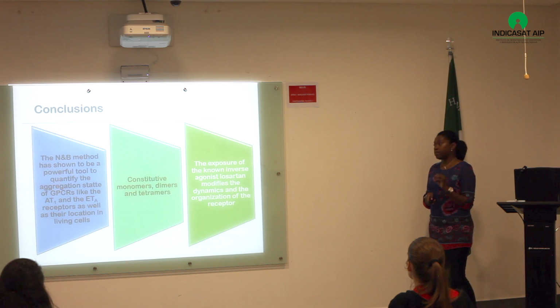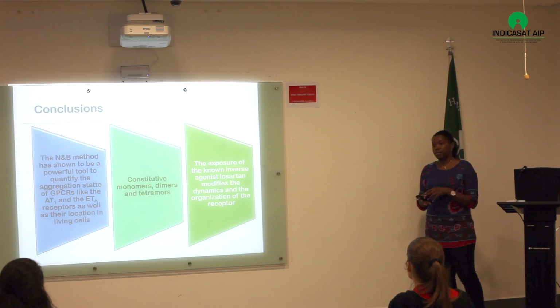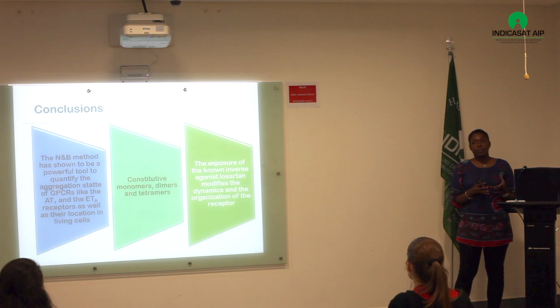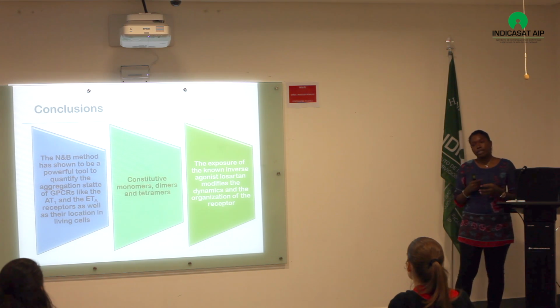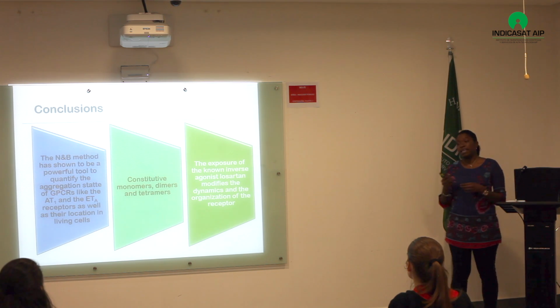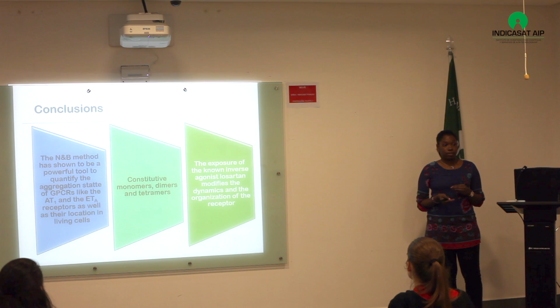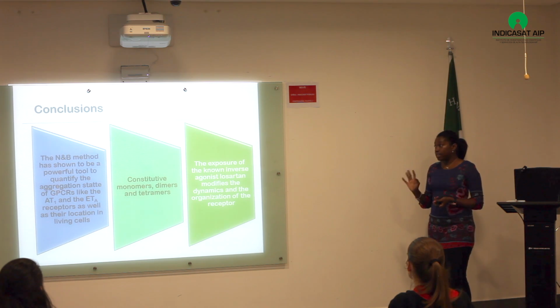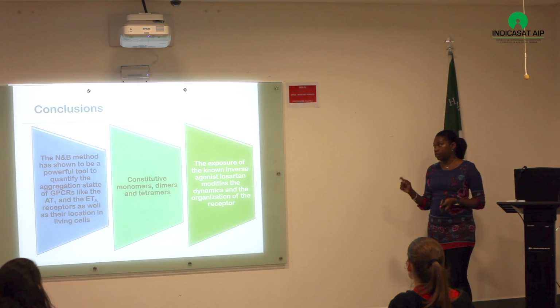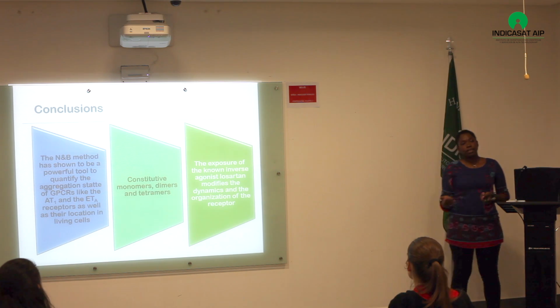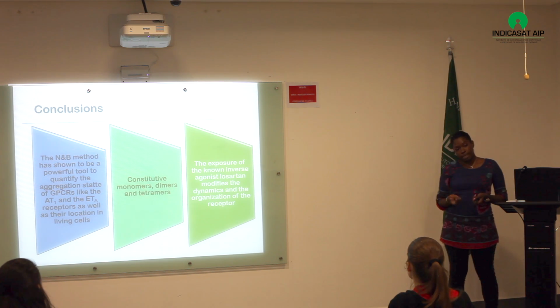And we observe that this inverse agonist losartan modifies the local environment, or is influencing the local diffusion and the aggregates of this receptor. So this antagonist is considered an inverse agonist.